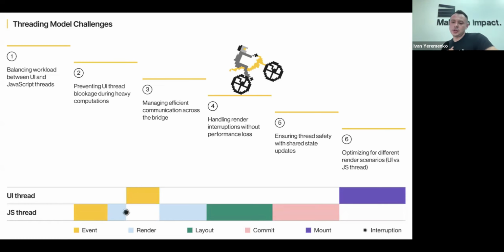So my recommendation here would be to stick to the JS thread if there are no complex animations, and in places where there are complex animations, minimize JS thread interruptions into the UI thread. My goal here is to keep it high level.